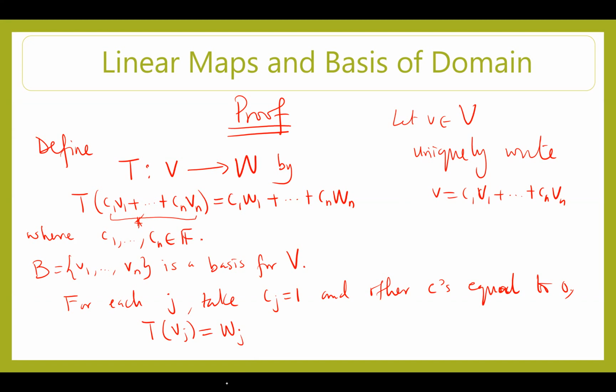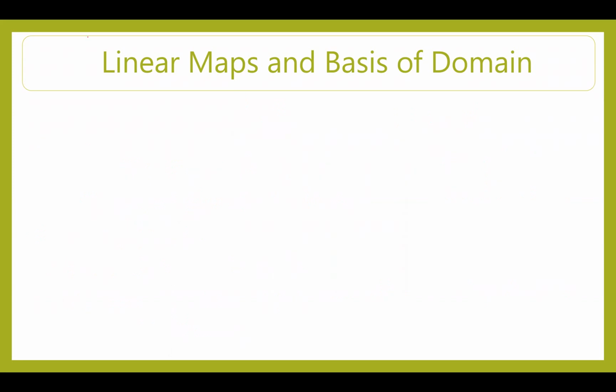Now I have two more jobs to do. One, I need to show that this T is a linear map. There is nothing that I've shown that is a linear map yet. And secondly, I need to show that it is unique. So let's start by showing that it's a linear map first. Claim 1: T is a linear map.